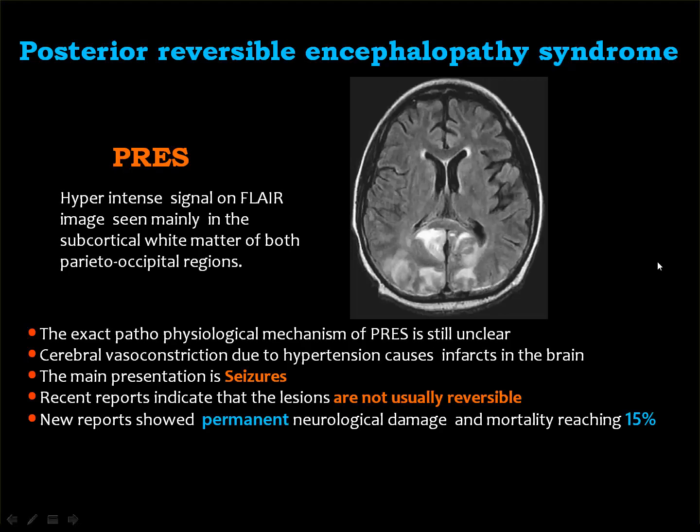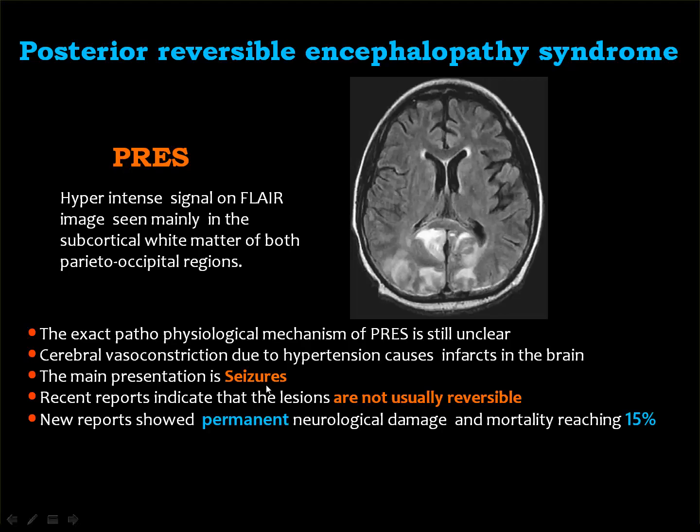They said that these lesions are usually posterior because the posterior circulation is weaker than the anterior circulation. So if the patient has developed an acute increase in the blood pressure, the vessels will go into spasm, and this spasm will result in edema, and this edema is usually bilateral and symmetric, and is located in the posterior circulation, in the cerebellum and the occipital lobes.